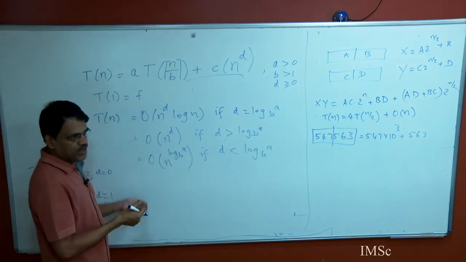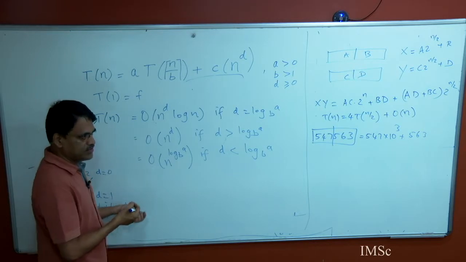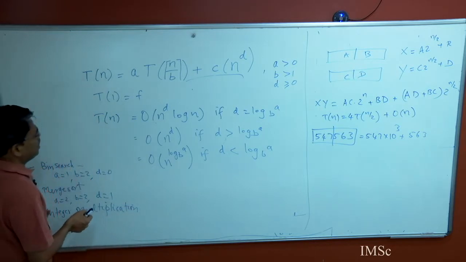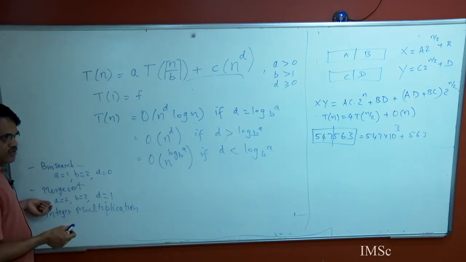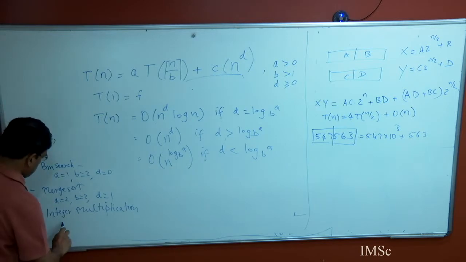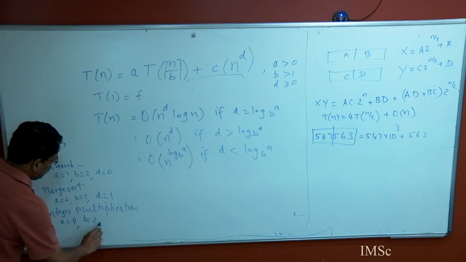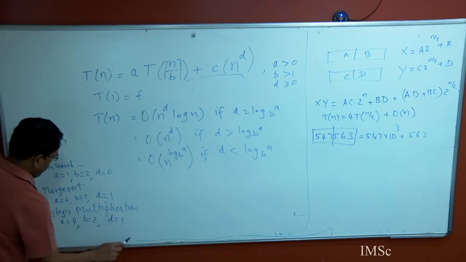You can quickly plug it in and see what the running time is. So we come here and say A is 4, B is 2, and D is 1.